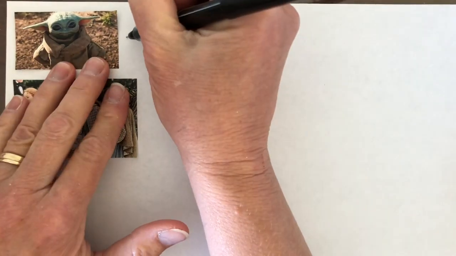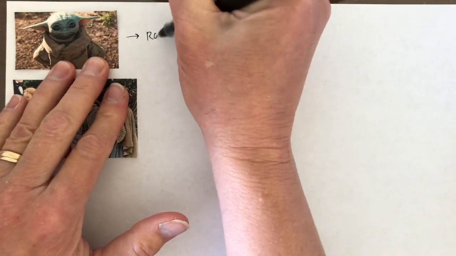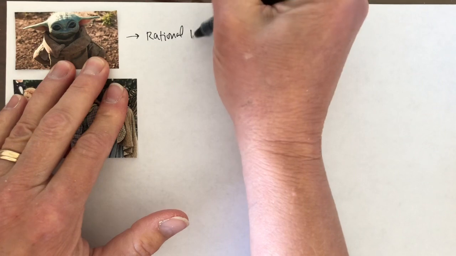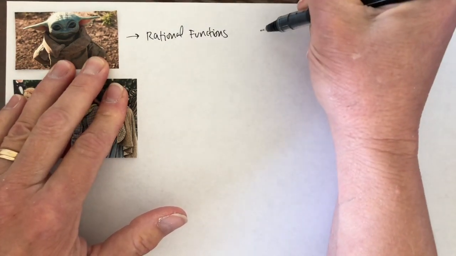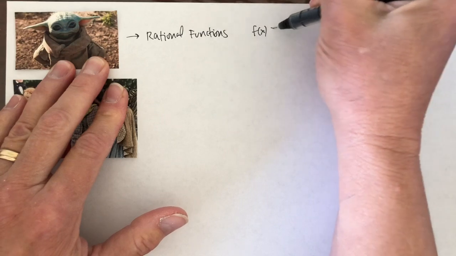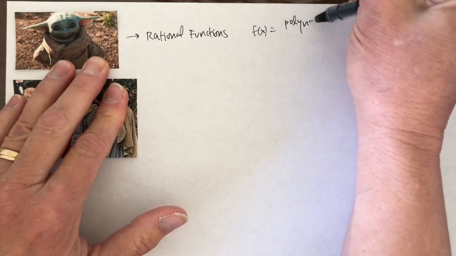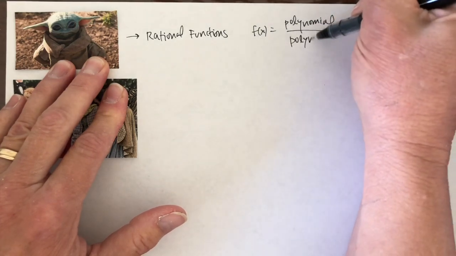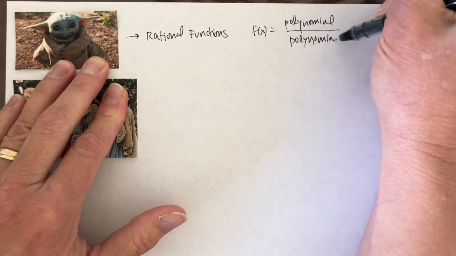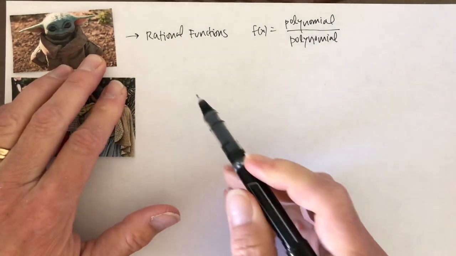Remember on our videos, whenever you saw Baby Yoda, you knew we were talking about rational functions. And rational functions are these functions where you have some polynomial over another polynomial. It's a ratio, so rational functions.